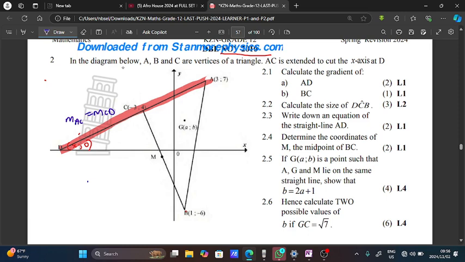Again, can we find the gradient of AD quickly? What else? What is the gradient of AD?